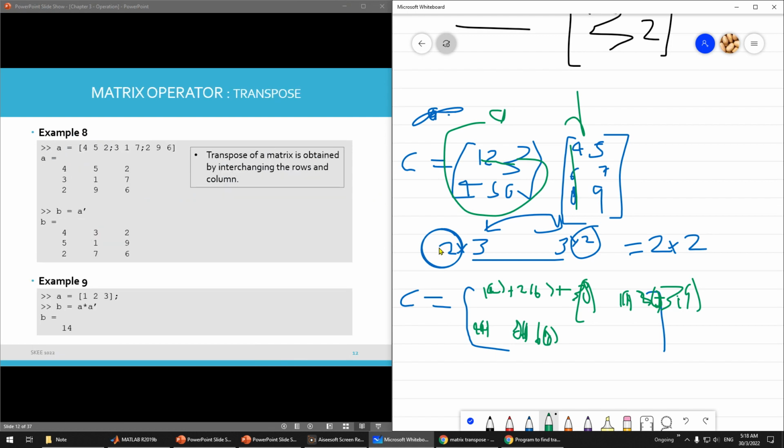Okay, how about transpose? Okay, so you can see here A is equals to this one. Okay, you have 3 multiplied by 3 matrix. Okay, and then B is equals to A transpose. Okay, you just use this symbol, the side of the enter if you use Windows.